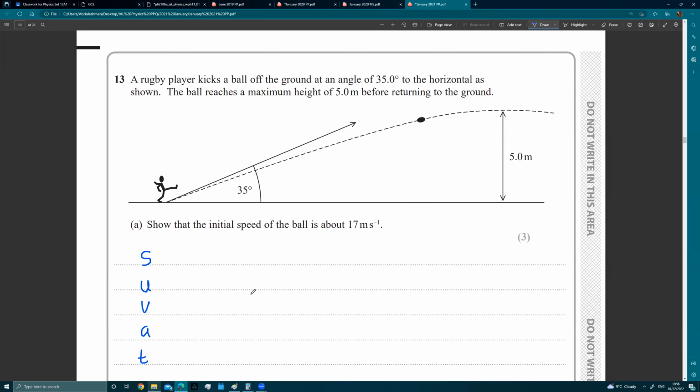When you hit something above the ground, what's the only force acting on it? Gravity. Where's this resultant force acting? Downwards. So your resultant force is always downwards, i.e. your acceleration is always downwards.